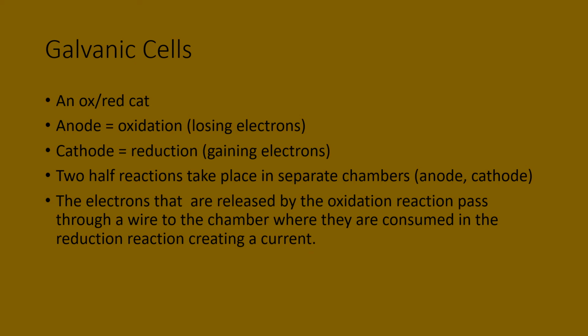Okay, so when we're talking about different voltage cells, the first type is a galvanic cell. And the one thing you need to know about all these cells that we're going to talk about is An Ox Red Cat. The anode is the site of oxidation. The cathode is the site of reduction.